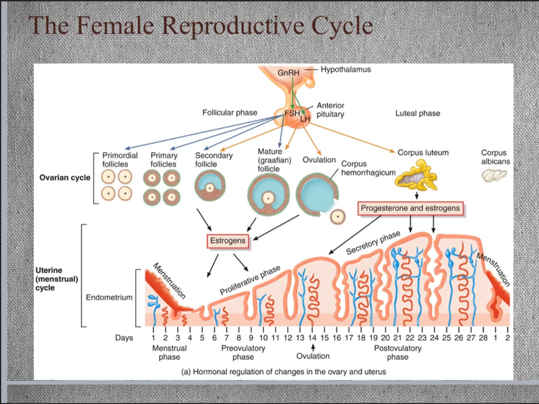So we can overlap everything that we've talked about so far, including the ovarian phase with our ovarian cycle with our uterine menstrual cycle. So we see that right around the same time during our menstrual phase, our primary follicle is starting to grow and differentiate into the secondary follicle.